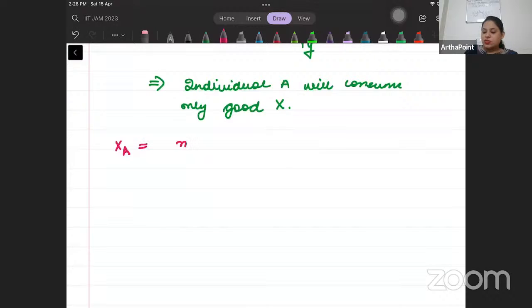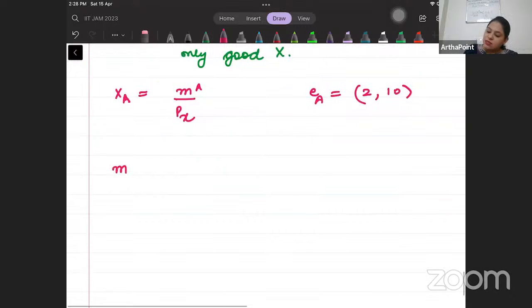His X consumption will be MA by PX. His endowment bundle was 2,10. So income of individual A: he had 2 units of good X when he went to the market, so it is going to be 2 PX plus 10 PY.